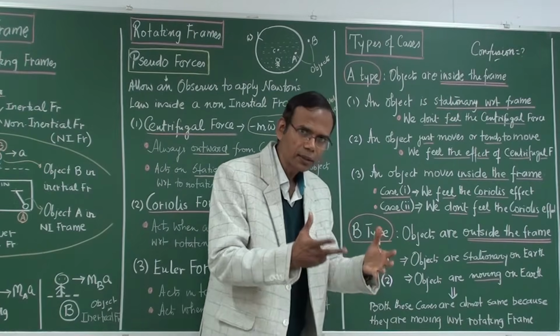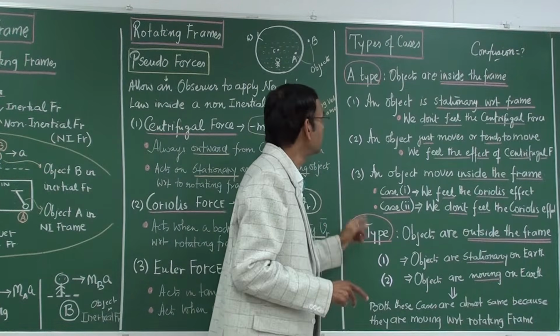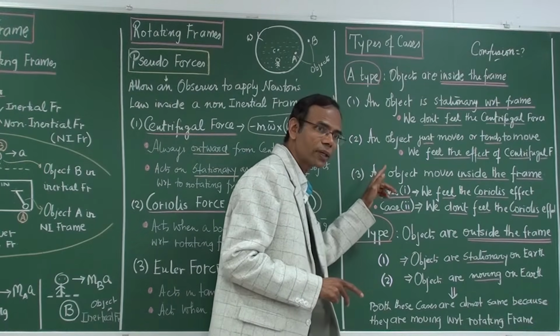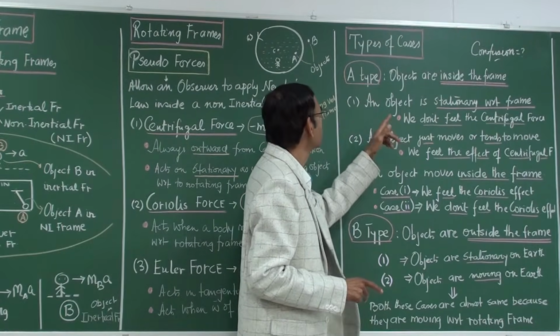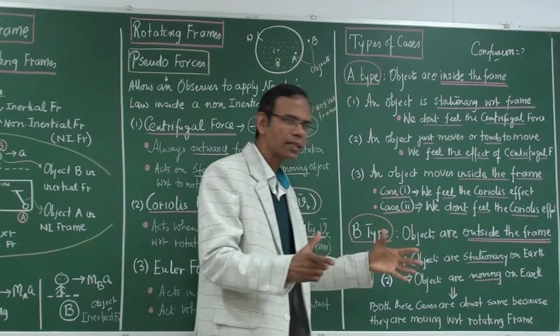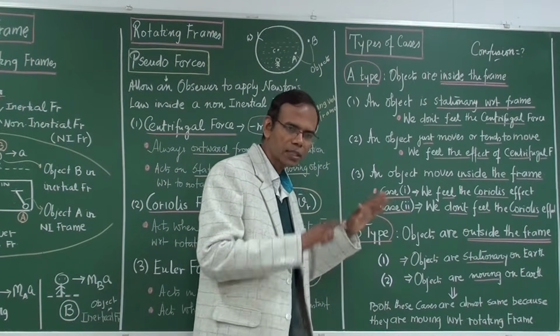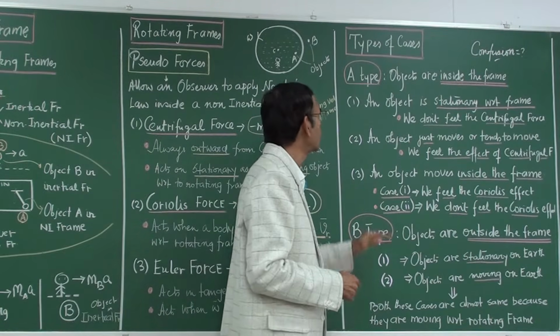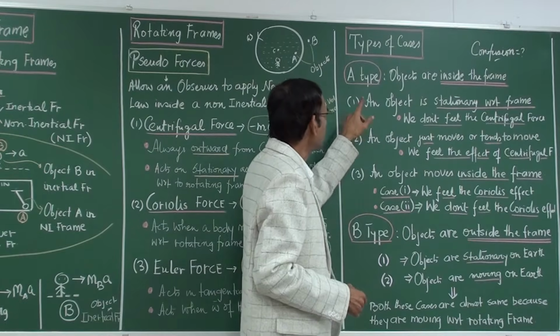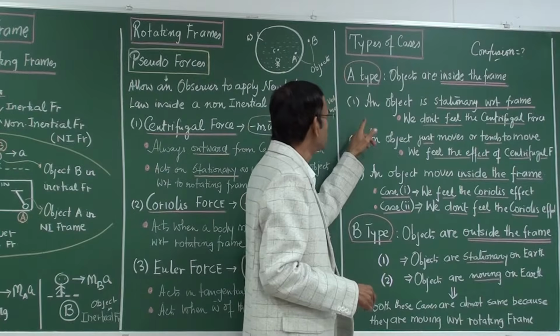The object that he is looking at may be inside the frame. If it is inside the frame, I call it A type. If it is outside the frame, I call it B type. Okay, just for sectioning.